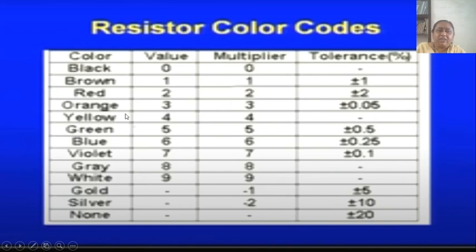Orange has value 3, multiplier is 3, and its tolerance is plus minus 0.05. Yellow has value 4, multiplier is 4, and green has value 5, multiplier is 5. Blue has value 6, multiplier is 6, and tolerance is plus minus 0.25.